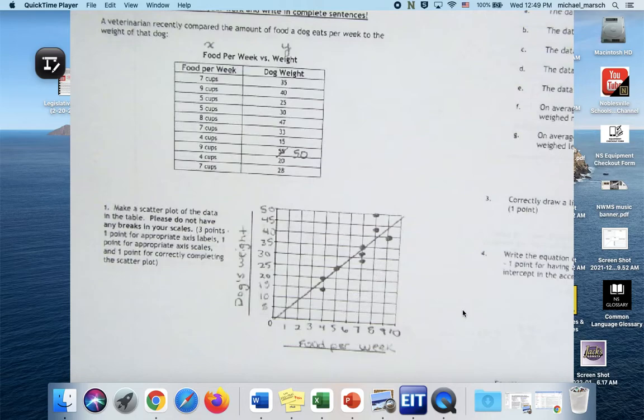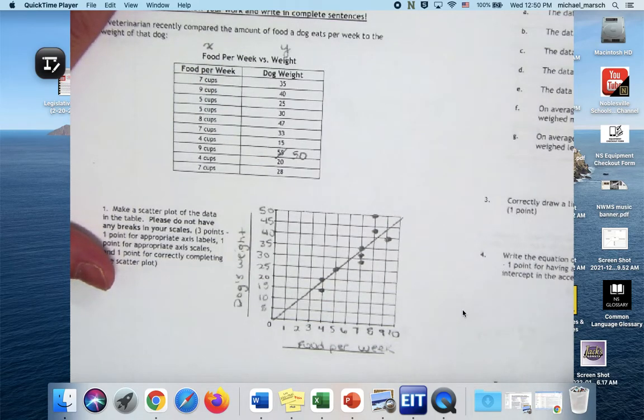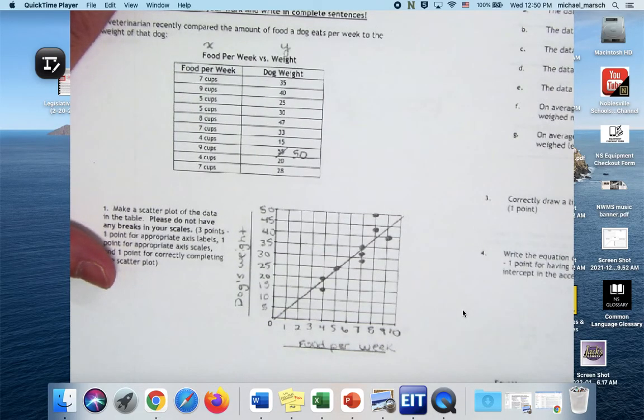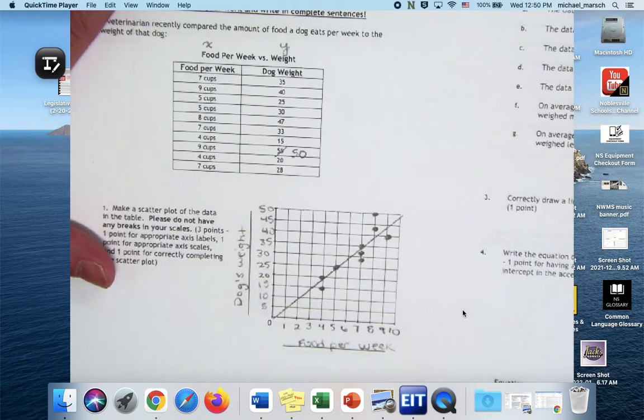Now I'm going to answer the questions. The data has a positive association. True. The data has a negative association. The data has a linear association. The data has a nonlinear association. The data has no association. On average, dogs that ate more weighed more.